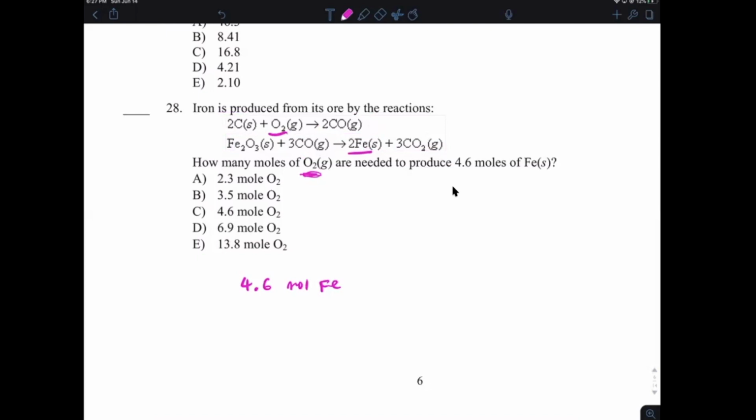Okay, so let's try to write it out. So what is there in common between these two equations? Is it A, C, B, O2, CO, D, CO2?